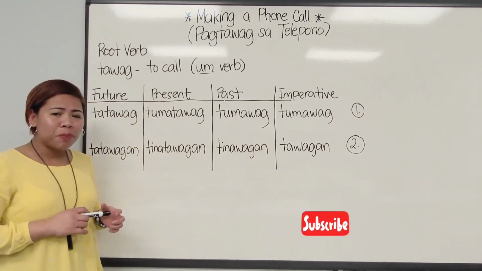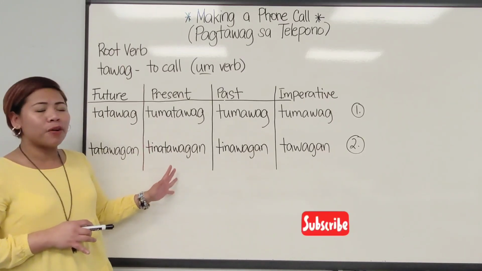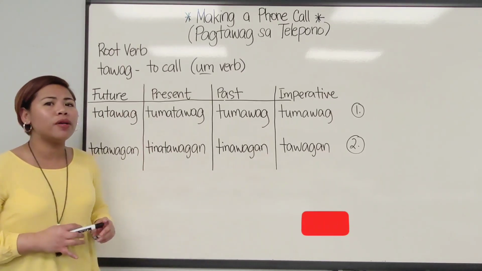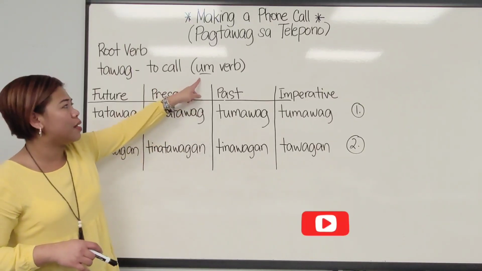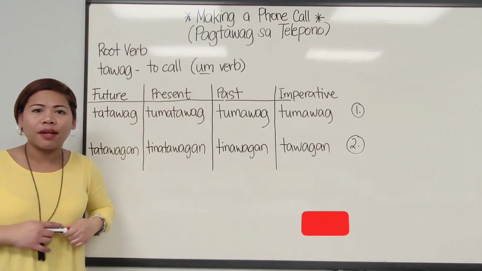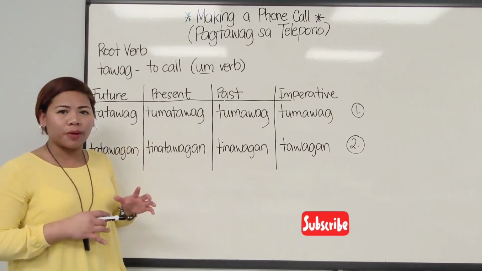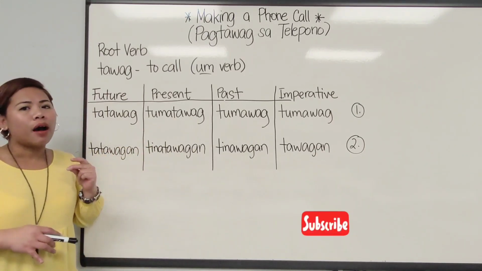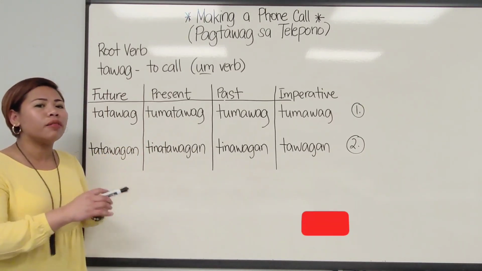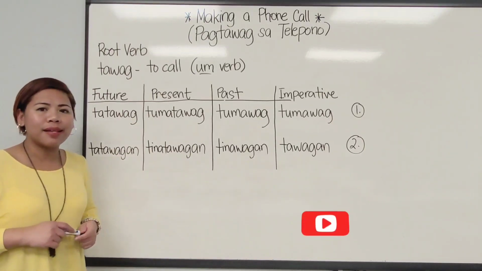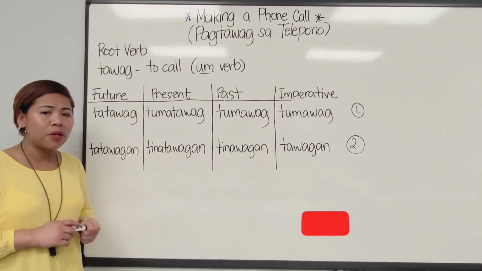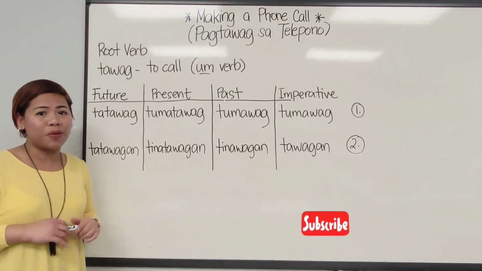I know we need to practice more in conjugating verbs. So in the next lessons, we are going to do other verbs in different categories. Today we just did the um verb. Maybe in the next lesson, we will take a mag verb. And then when we have discussed all the patterns in all groups of verbs, that is the time when I'm going to give you an exercise or a short quiz.